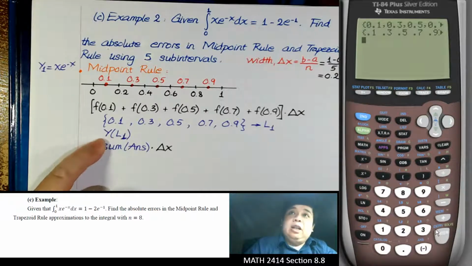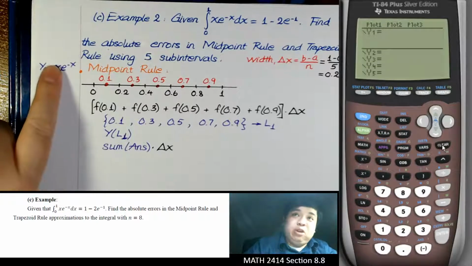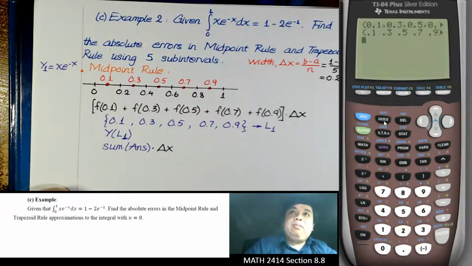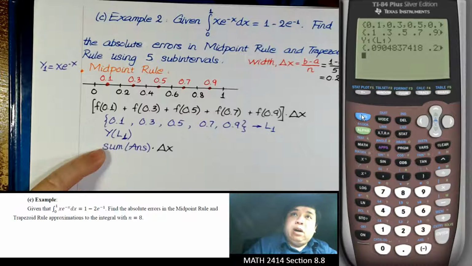Right, evaluate that. Then we have the function. Now make sure you enter the function x times e to negative x. Right, and then we can alpha trace y1, evaluate at the list. Now add all of them up.